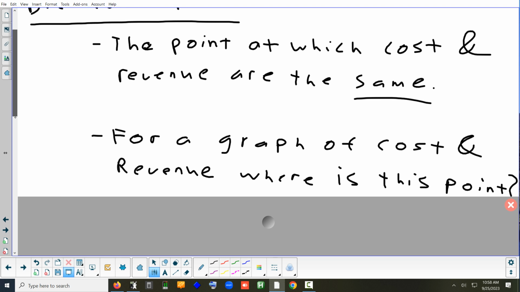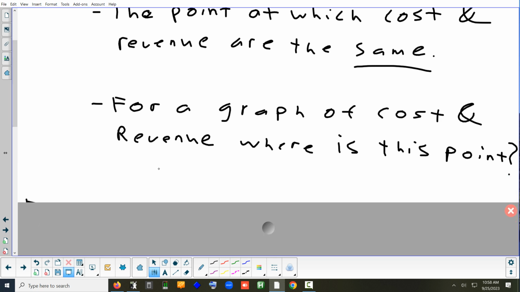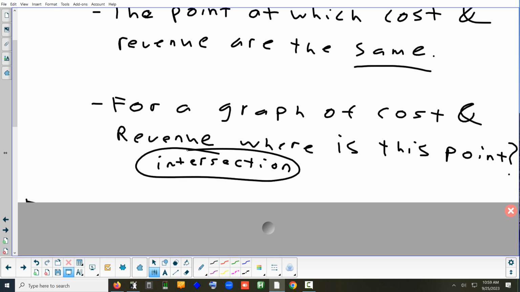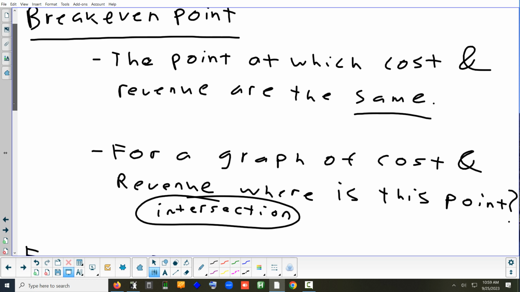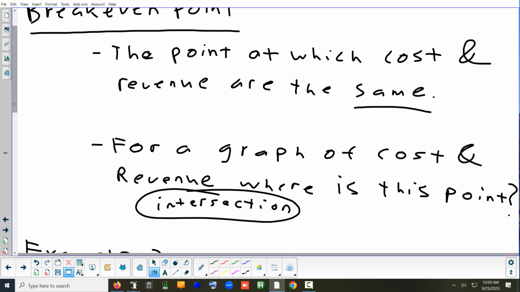So if you have cost and revenue, it's the intersection. And the break-even point is the point at which you start making money. You've recovered all your costs, and from that point forward, the more you sell, the more money you make.